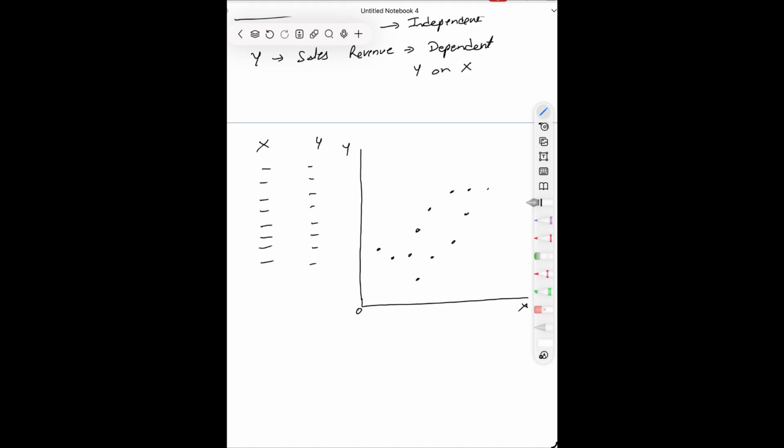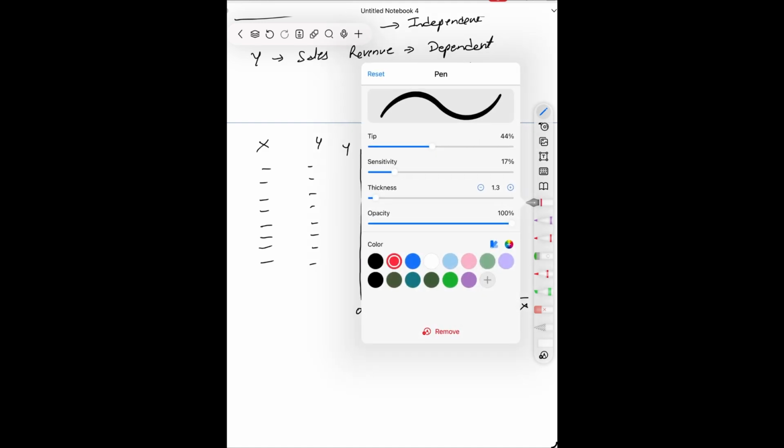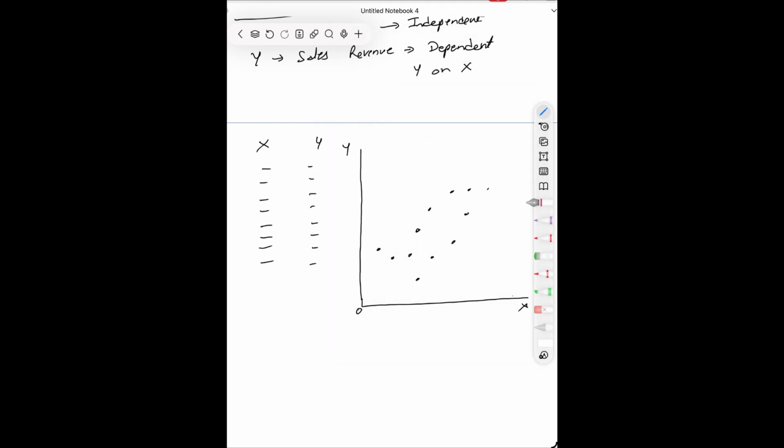Now, if we are planning that, okay, in the future, my value of x will be this one. For the next year, I am assuming value of x is likely to be here. So can you tell me what will be my estimated value of y? From the scatter plot, it is clear that both the variables are moving in the upward direction.